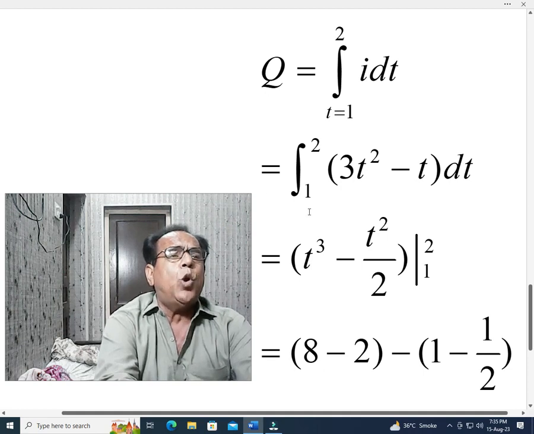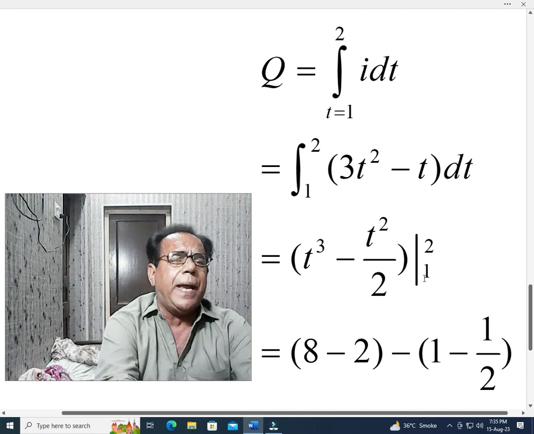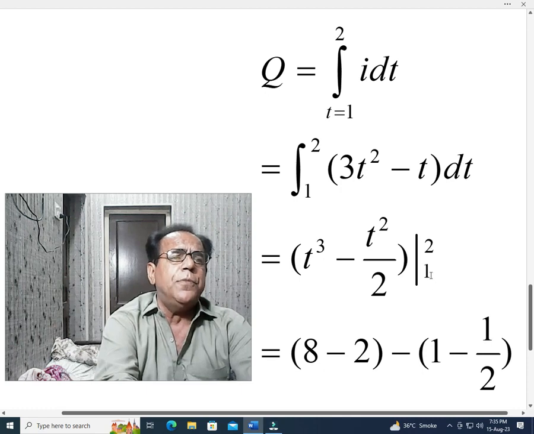Okay, moreover, the sign of integral from 1 to 2 will take the form, okay, from 1 to 2. First we will put 2, then we will put 1 and in between it will be minus. So 2 raised to the power 3 will become 8 and 2 raised to the power 2 will become 4. 4 divided by 2 will become 2 and hence 8 minus 2, minus.